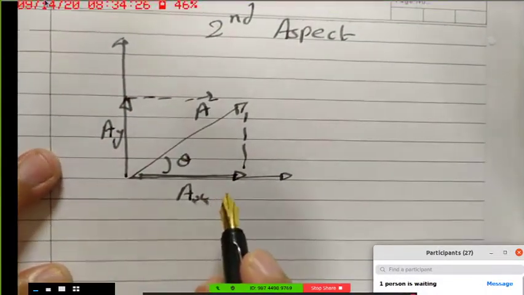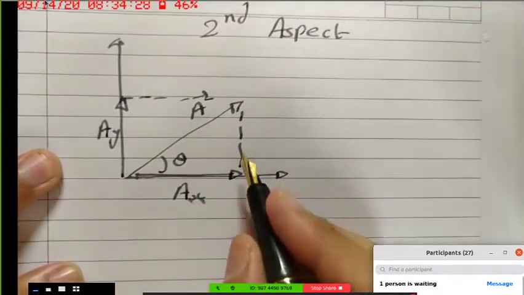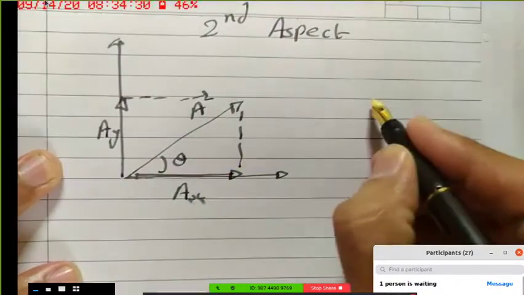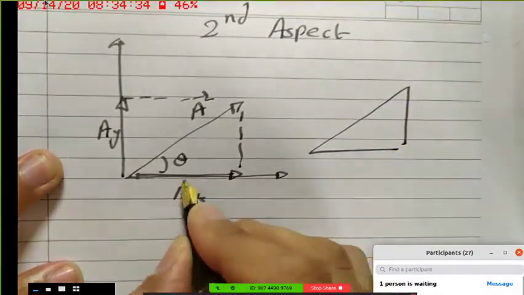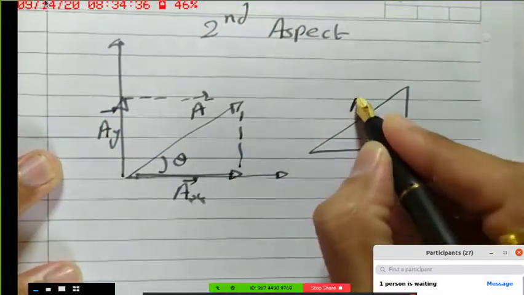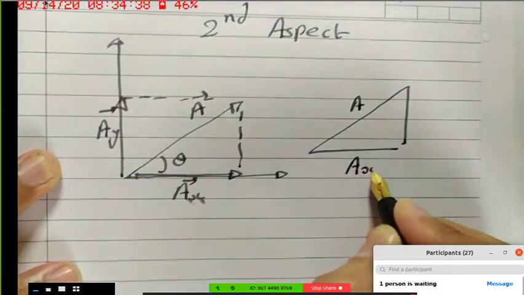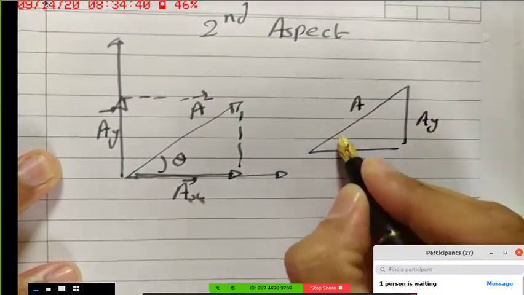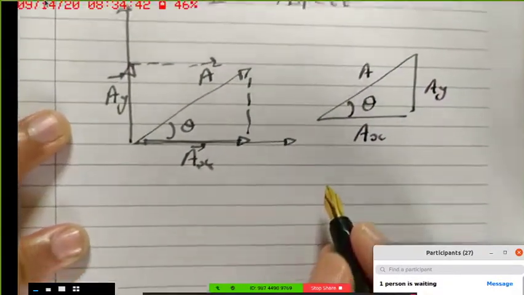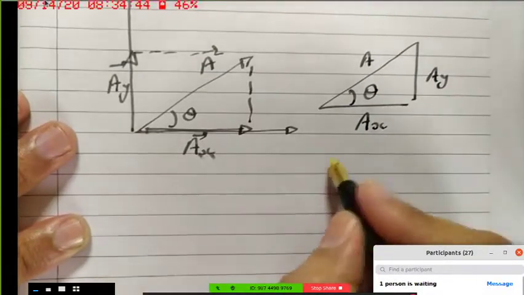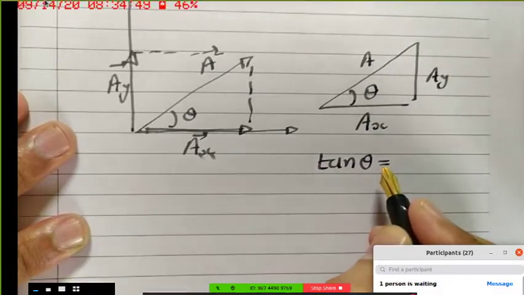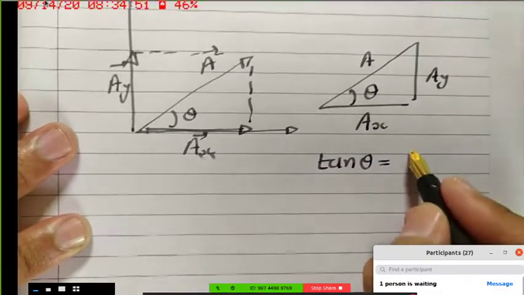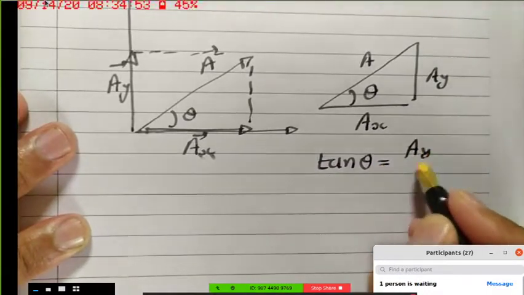Then we had drawn this triangle, with A, AX, AY, and theta. If I want to write tan of theta, what shall I write? AY by AX. The formula is opposite side by adjacent side.